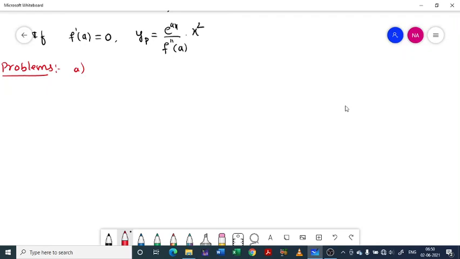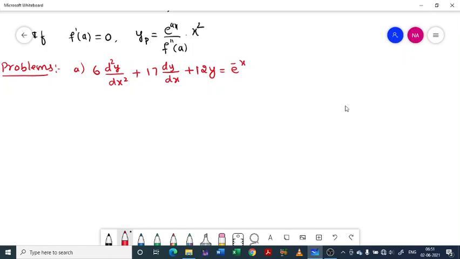That's your job. So the first equation I am going to consider is 6 d square y by dx square plus 17 dy by dx plus 12y equals e power minus x.